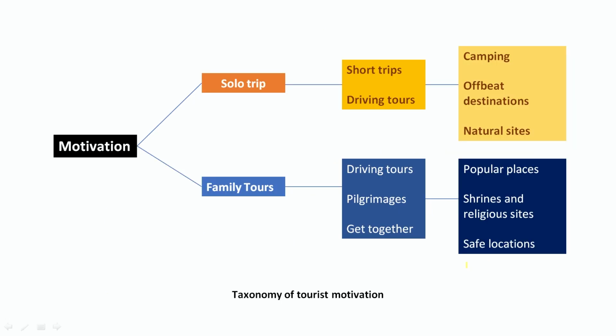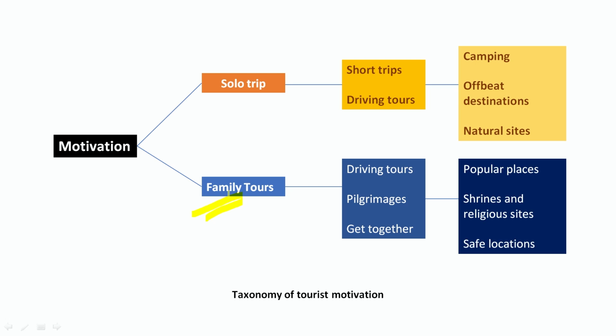Now let me show you an easy diagrammatic presentation, that is the taxonomy based graphic which you find here, the tourist motivation. Here I have taken 2 different types. One is solo trip, independent traveling, individually without depending on anyone. Second one is family trips.